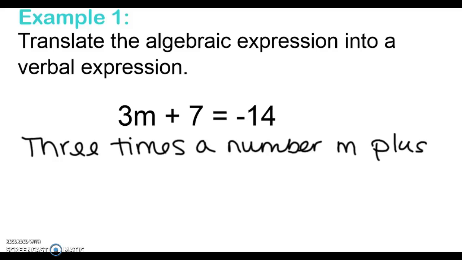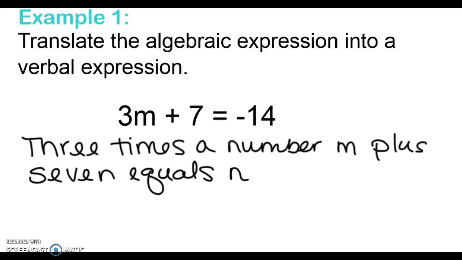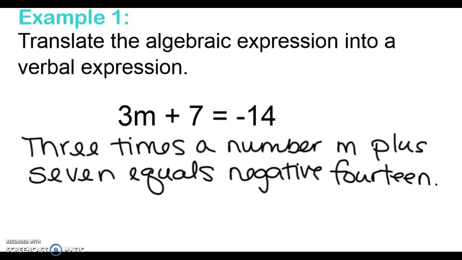Easiest one for addition is plus 7 equals, and we're going to write out negative 14. I want to talk about this for just a quick second. There is really never one right way to write this out.